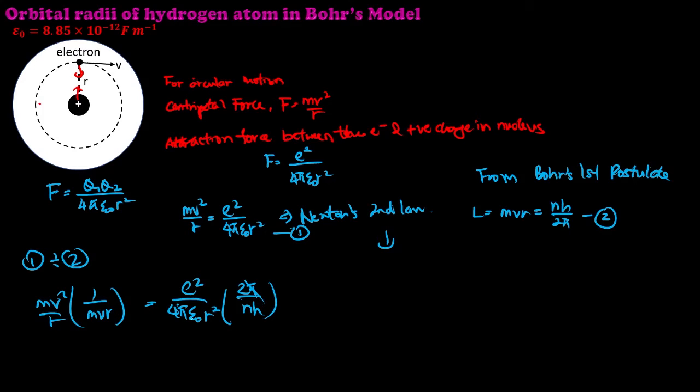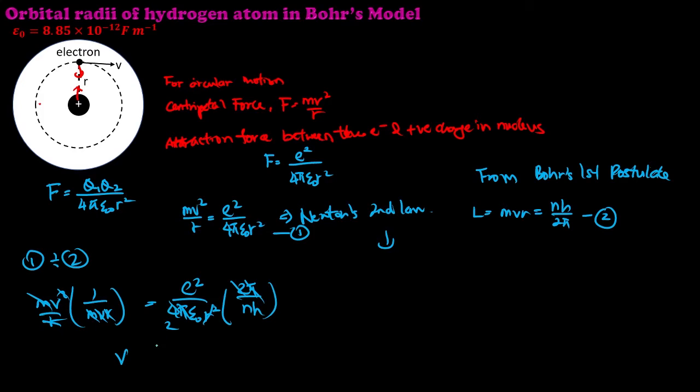Same, we eliminate anything that can be eliminated, and then we have v squared, and r can be eliminated because we have 1 over r squared on the left and right hand side. So these equations are left.